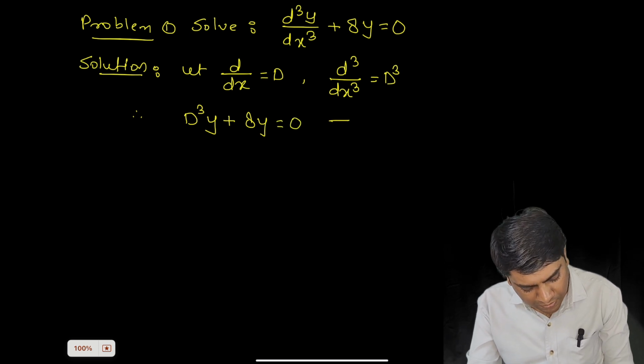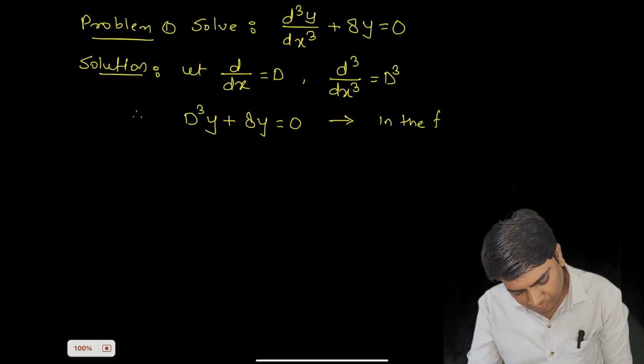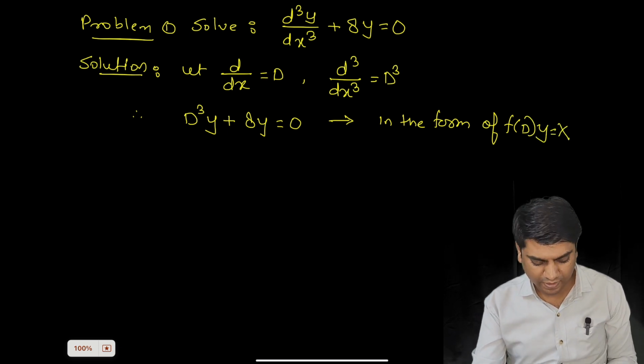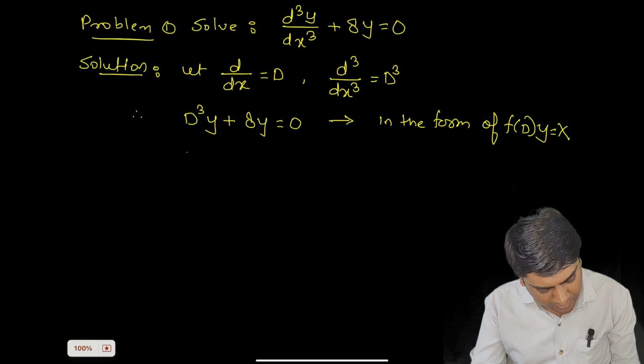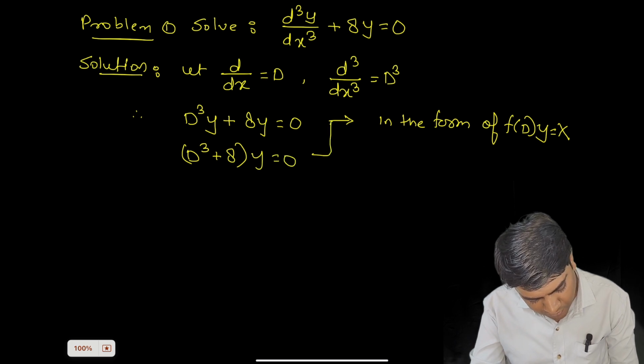So this is in the form of f of D into y is equal to X. Okay, so now by taking y common here, (D cube plus 8) into y which is equal to 0.